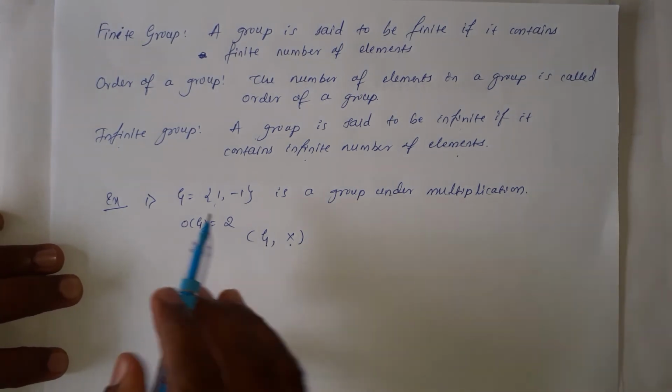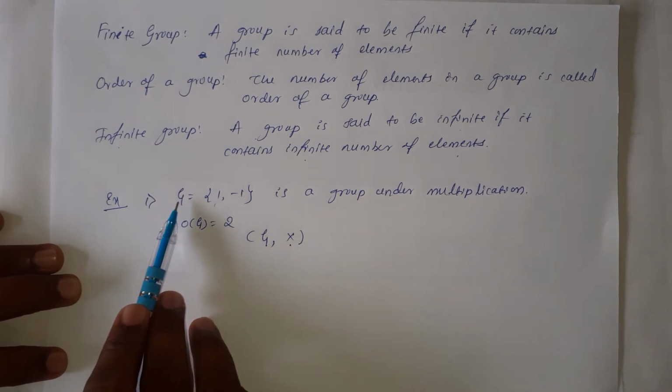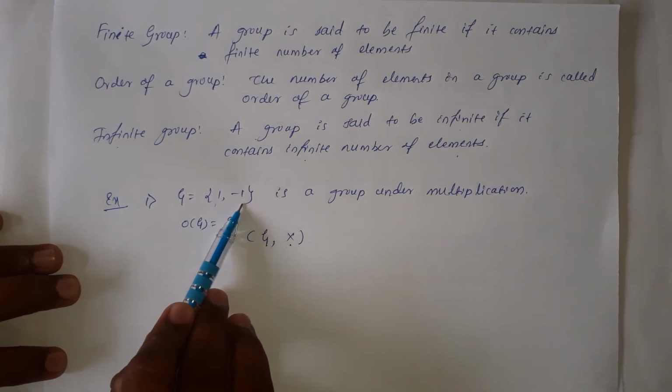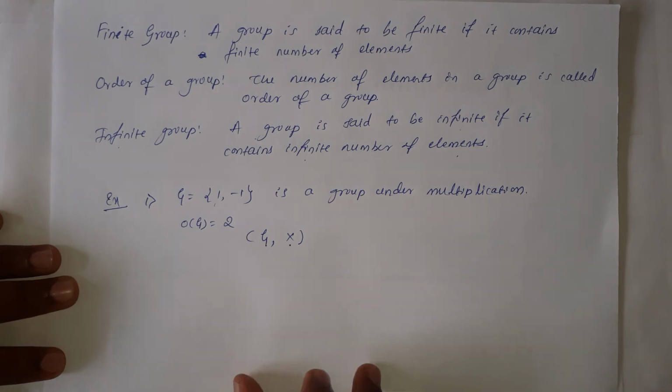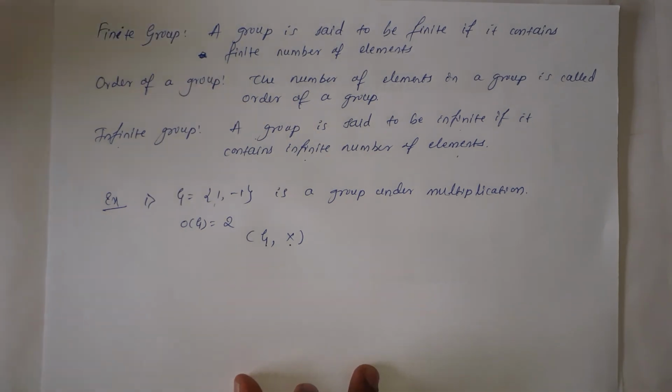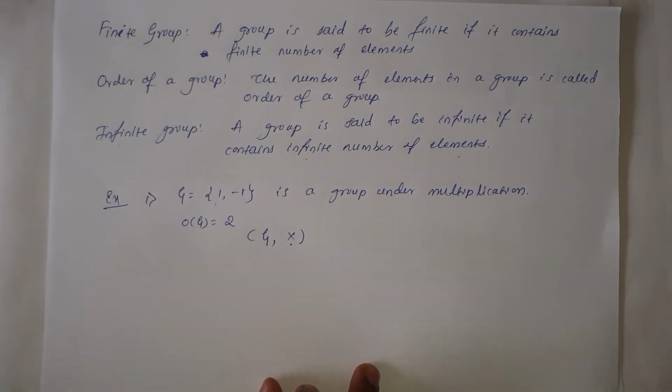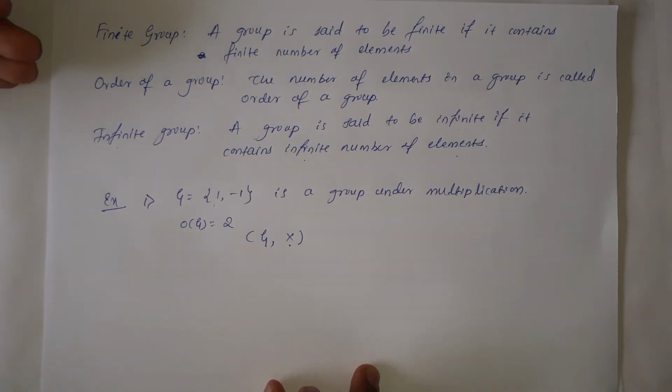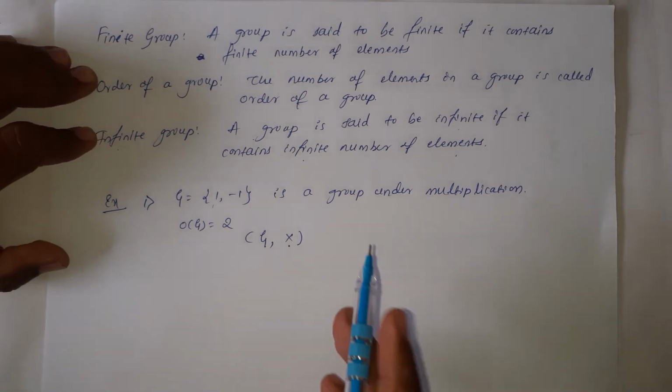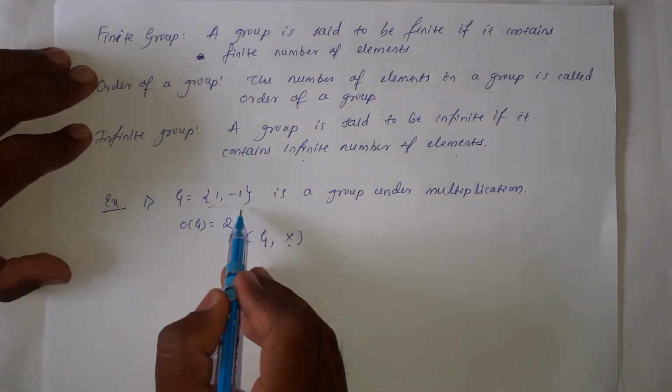Therefore, the set will follow all 4 axioms or laws which were told previously: the closure law, associative law, identity law and inverse law. They are all satisfied by this set.